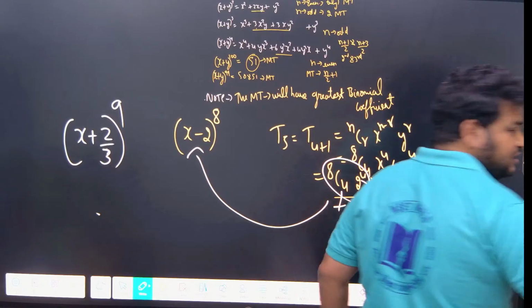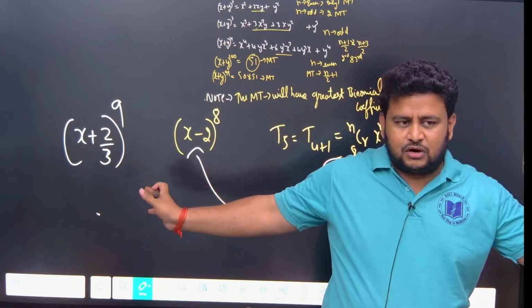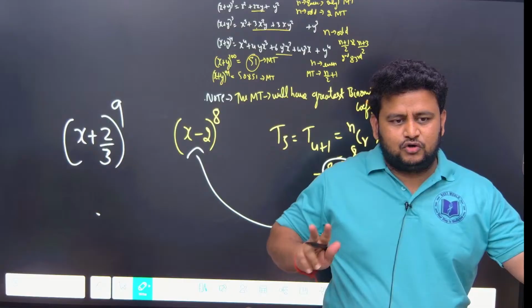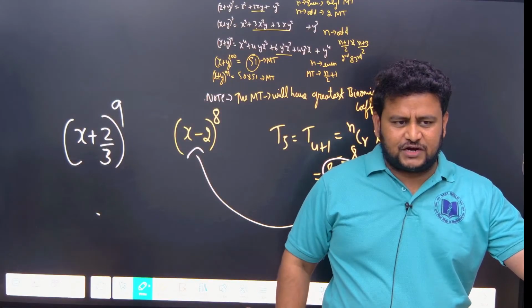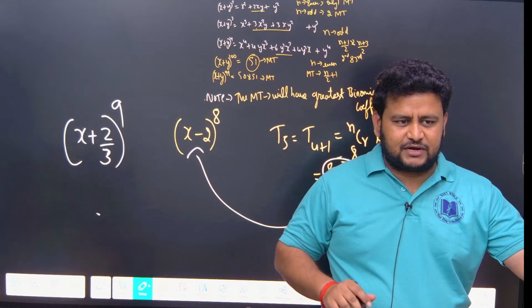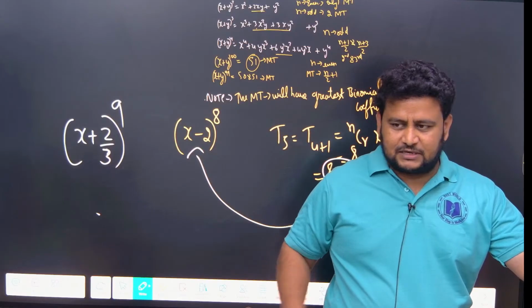Do it by yourself. Take a note of it. Here the n value is odd. So odd means there will be two middle terms. What are those? The 5th and 6th terms. So you have to find T5 and T6. T5 you will write as T4 plus 1, and T6 will be T5 plus 1. Clear? Getting it?